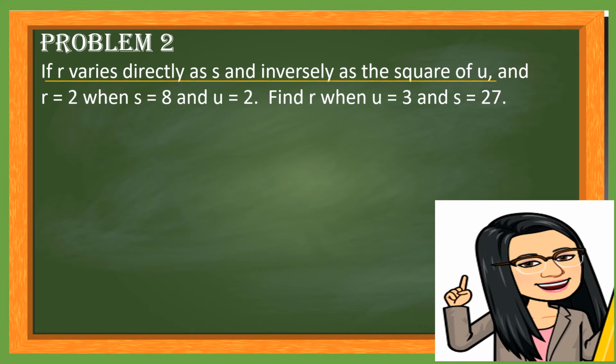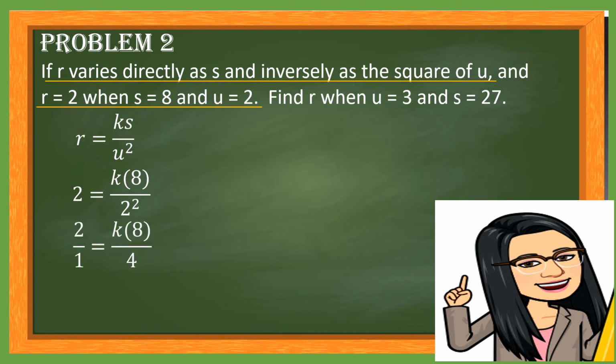Let us translate into symbol: R varies directly as S and inversely as the square of U. So we will get R is equal to KS over U squared. Then substitute R is equal to 2 when S is equal to 8 and U is equal to 2. So we have to use this to find the constant of variation. We will have 2 is equal to K times 8 over 2 squared.